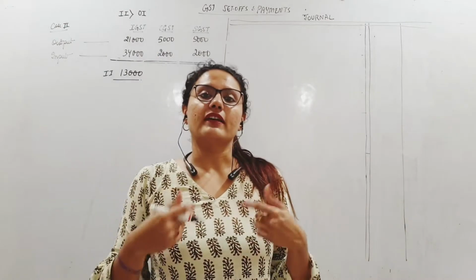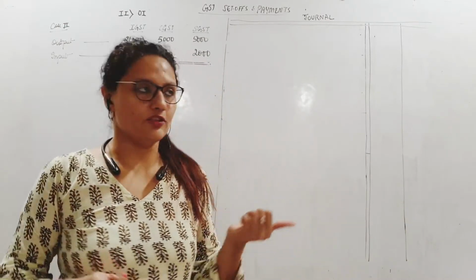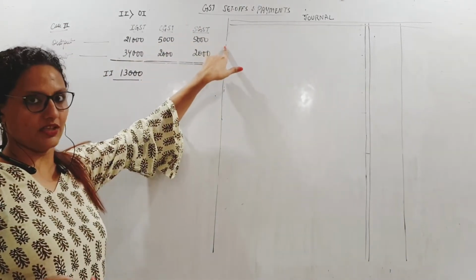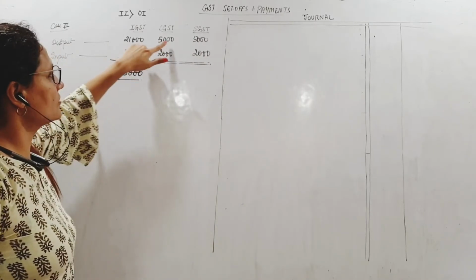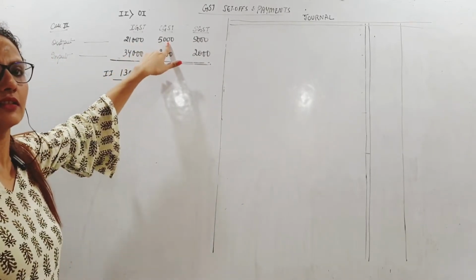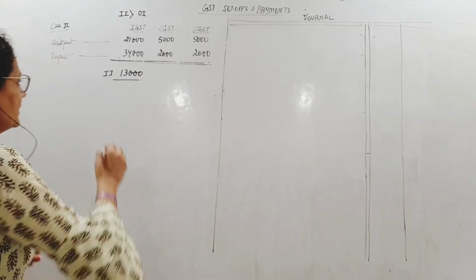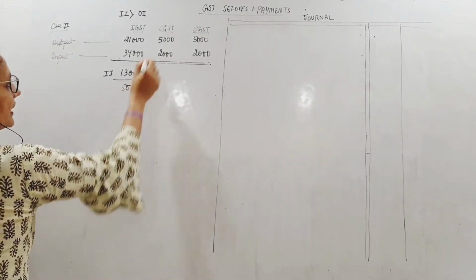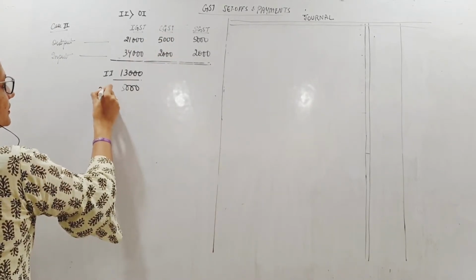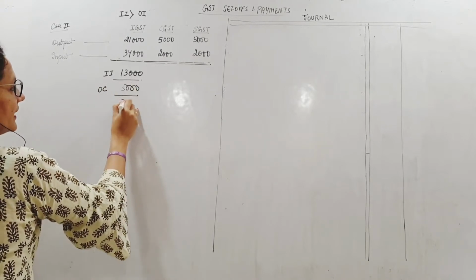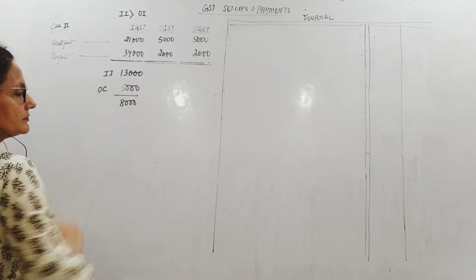This I can set off against output CGST and output SGST. ठीक है, तो 13,000 में से 5,000 चला जाएगा, still 8,000 will be left, right? 5,000 I will take from output CGST. So 8,000 will be still left.